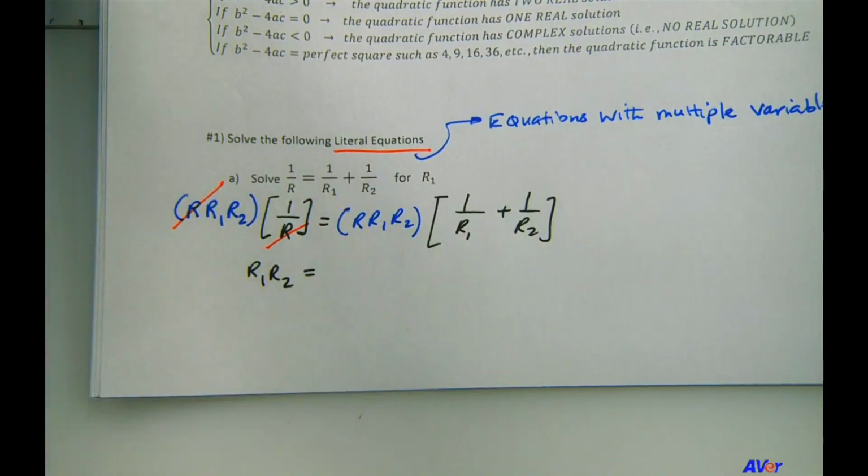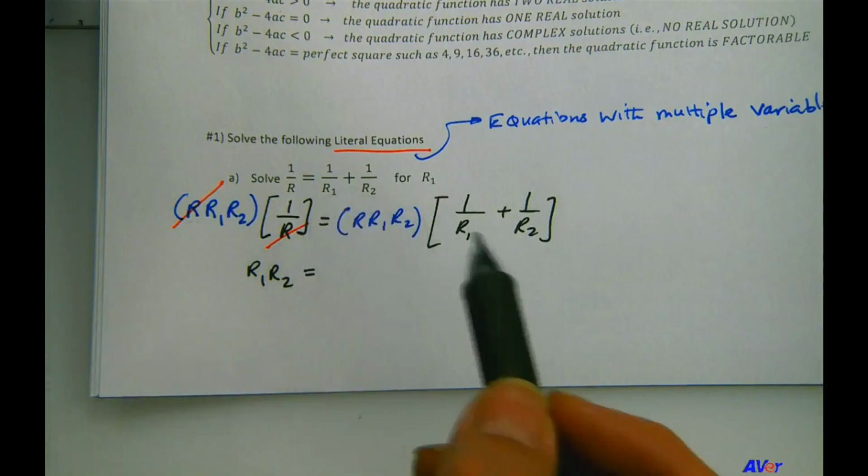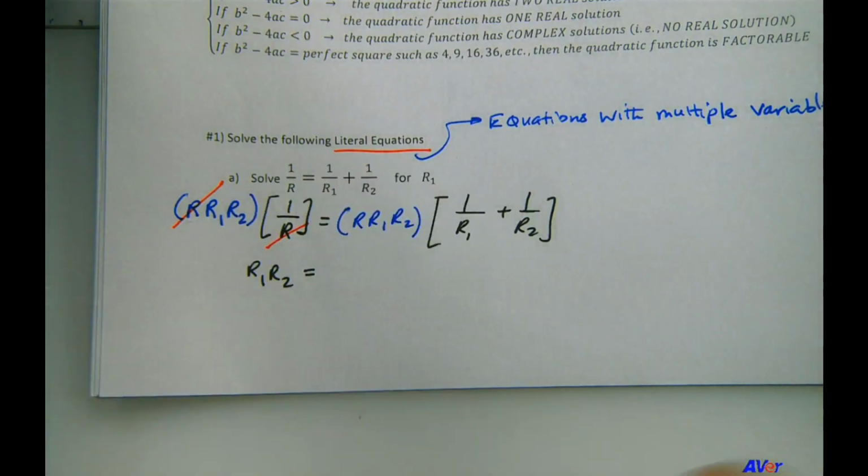On the right-hand side, I strongly encourage you to distribute first, then simplify. Don't distribute and simplify at the same time. I've seen many people try to combine two things at once, and they make many, many errors. So to avoid errors, do one thing at a time, as I'm showing.